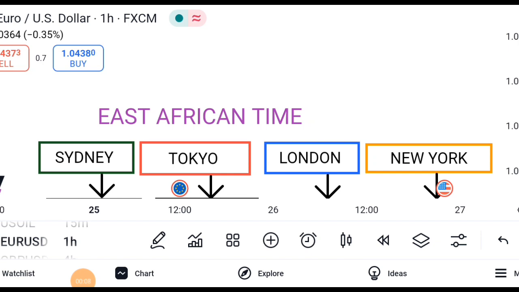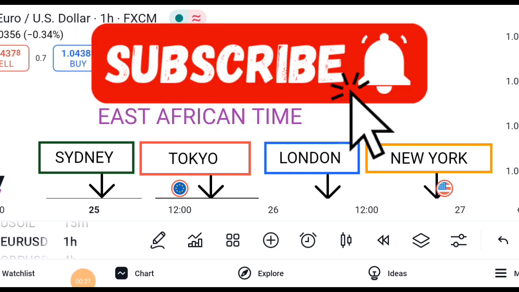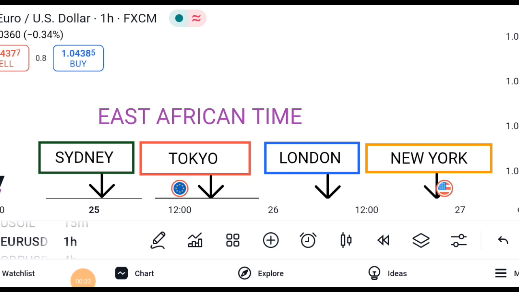It is Mercy right here, and today I just want to talk about this trading session. I just want to expound more on it, and in today's video we are going to be looking at a few things here and there: the sessions, the opening and closing times, the currency pairs to trade in each session, the changeover, or rather the high volatility zones, and then the hidden danger zones to stay away from in the market.